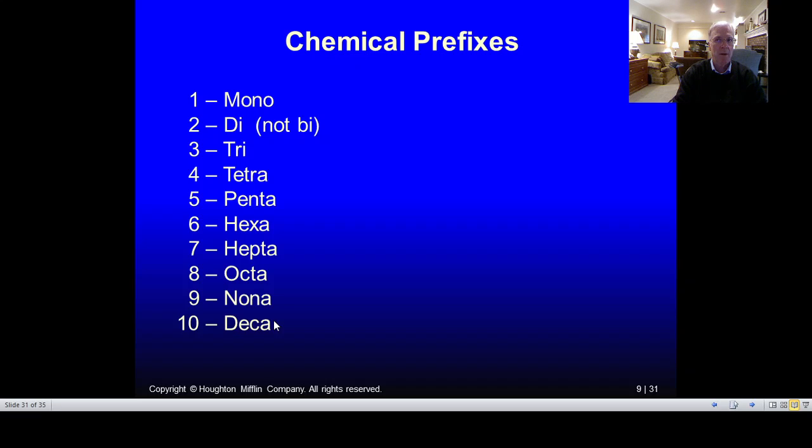So when we have 1 carbon and 1 oxygen, whereas you might be tempted to call it monocarbon monoxide, we actually in practice call it carbon monoxide. We don't use mono for the first nonmetal in the compound. Again, in Chem 1, if you were to call it monocarbon monoxide, I would not mark it wrong, but usually we'd only use mono for the second nonmetal.